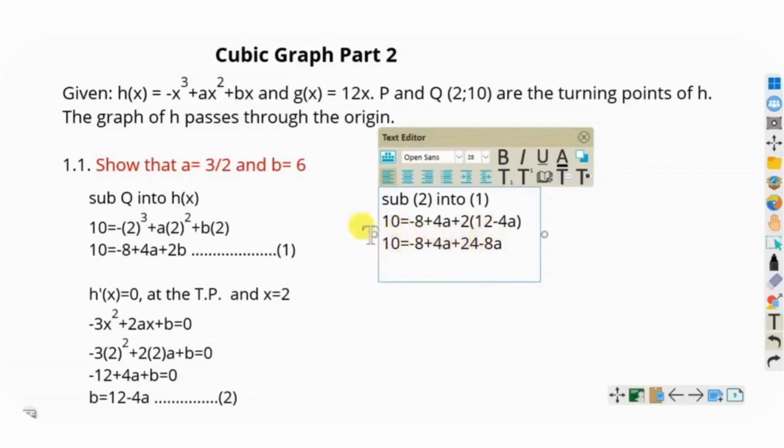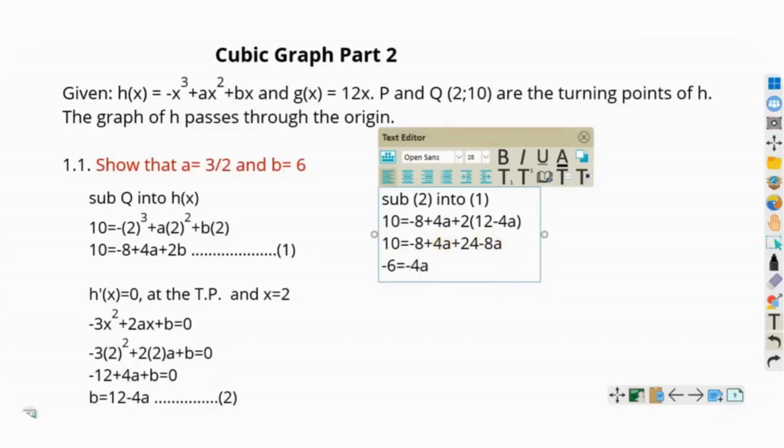Positive 16, when I take it to the other side, is going to be 10 minus 16, which is negative 6, equals to positive 4a minus 8a, this becomes minus 4a.